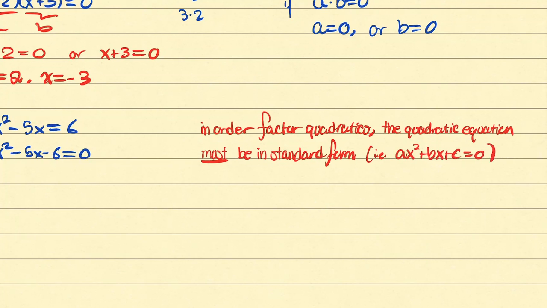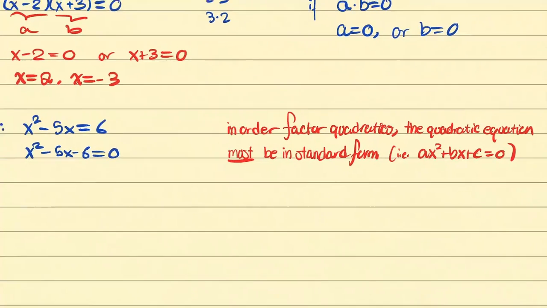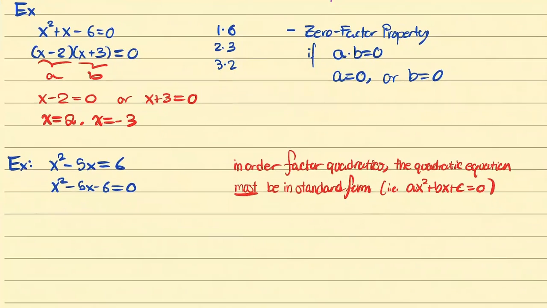So the a's and the b's and the c's, it doesn't matter that much so long as it's equated to 0, because what we want to use is the zero factor property, and the zero factor property requires it be equated to 0.